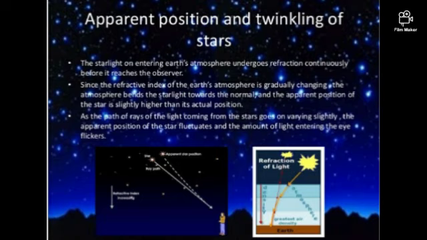Since the refractive index of the Earth's atmosphere is gradually changing, the bending of light towards the normal makes the apparent position of the star seem slightly higher than its actual position. So this frequent changing of the apparent position feels like the stars are twinkling.